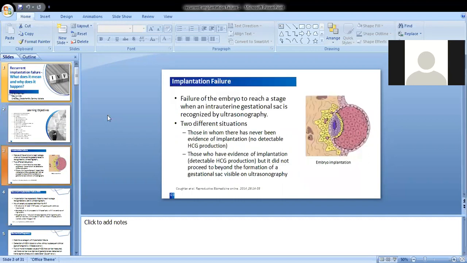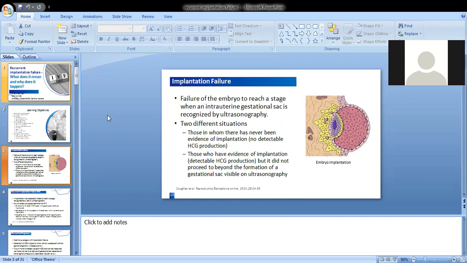What is implantation failure? The failure of the embryo to reach a stage when an intrauterine gestation sac is recognized by ultrasonography. There can be two different situations to be labeled as implantation failure.